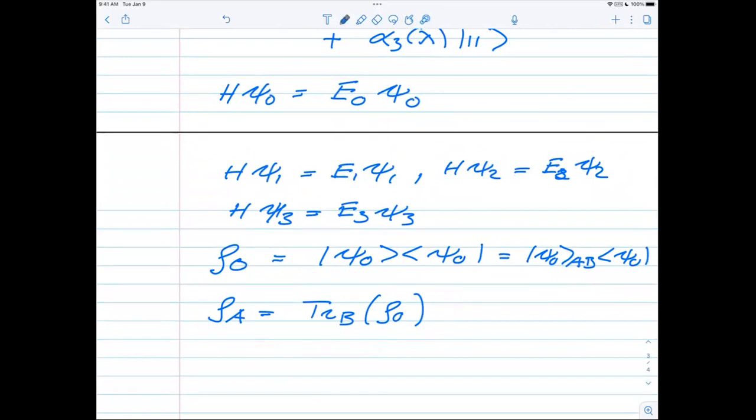You can show, as we also discussed last time, that this is equal to the tracing out of system A of the same density matrix rho 0. And then we can do the same exercise for excited states. We could take the first excited state, this psi 1, and construct a corresponding density matrix, et cetera.